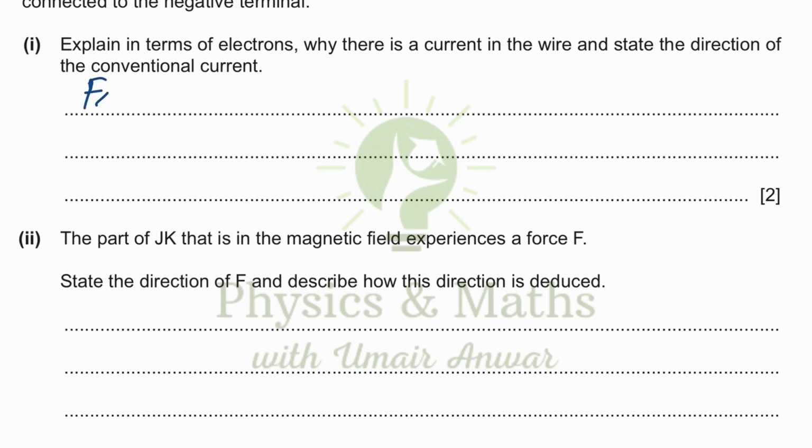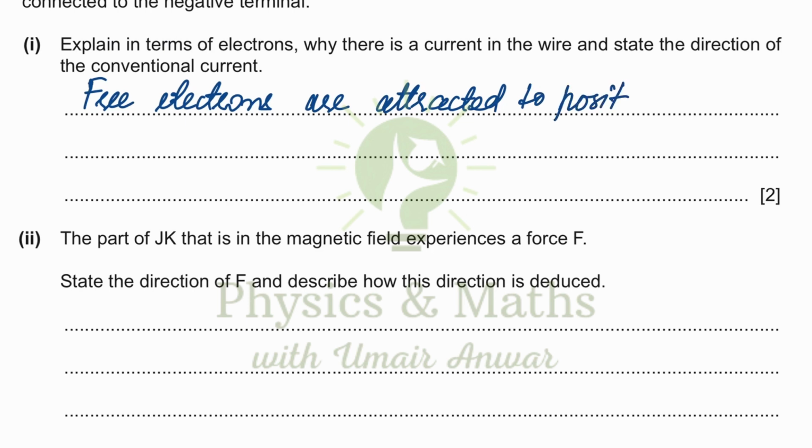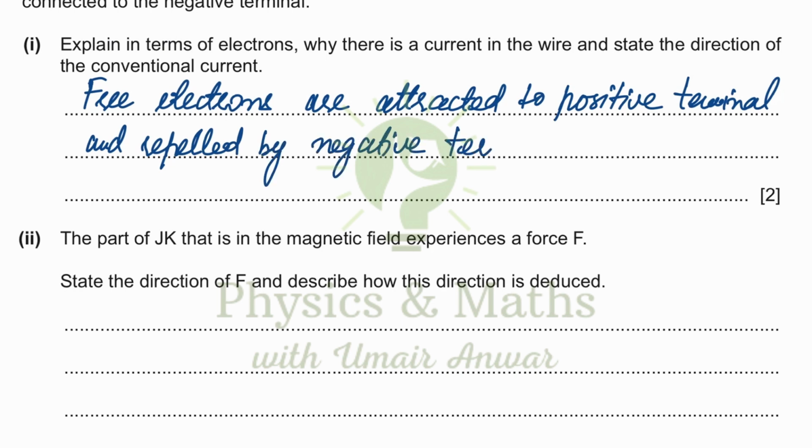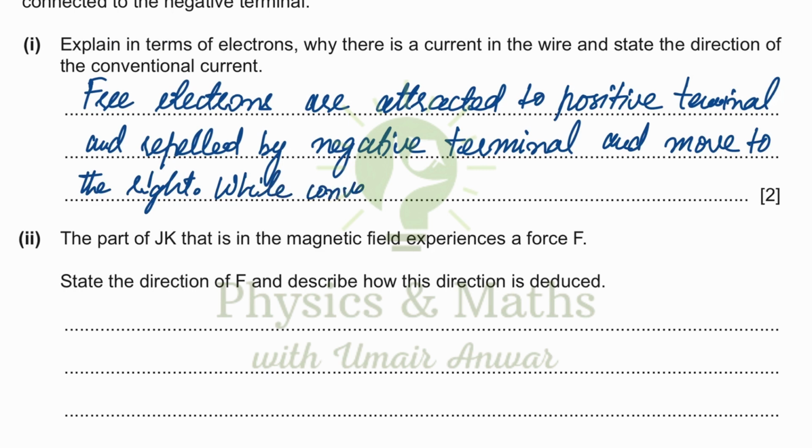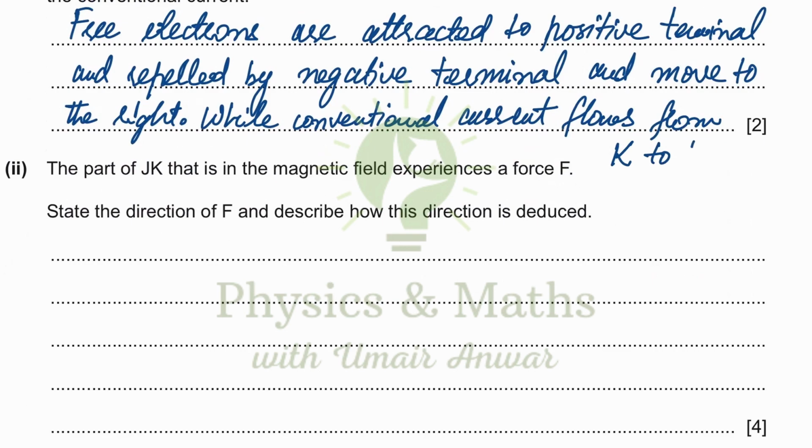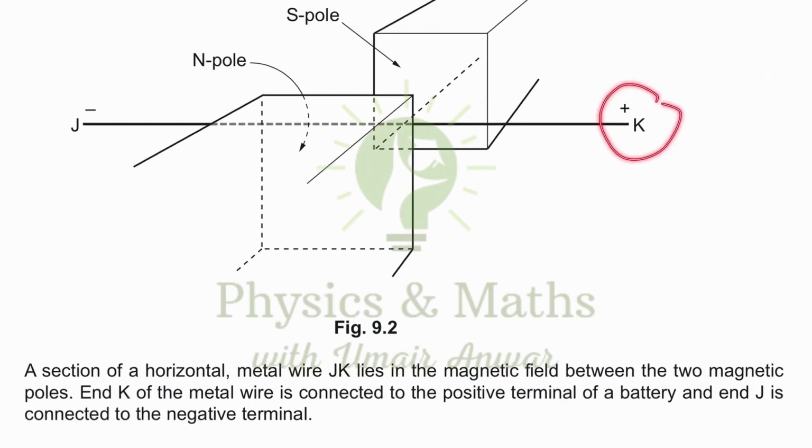So I'm writing: free electrons are attracted to the positive terminal and repelled by the negative terminal, and move to the right, while conventional current flows from K to J. Since K is at positive polarity and J is negative, the conventional current would flow like this.